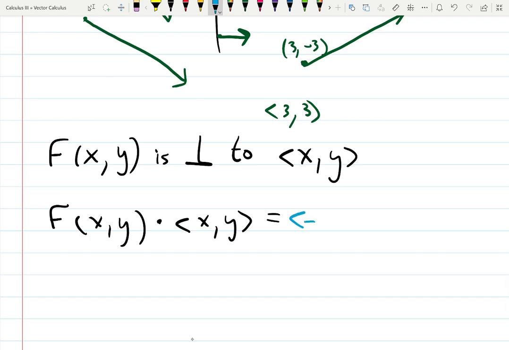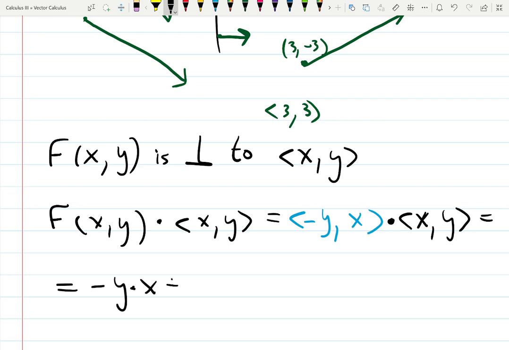The first one is actually minus y comma x, multiplied by x comma y. This is a dot product. If you don't remember, the dot product is a scalar product. The scalar product will be minus y times x plus x times y equals 0.